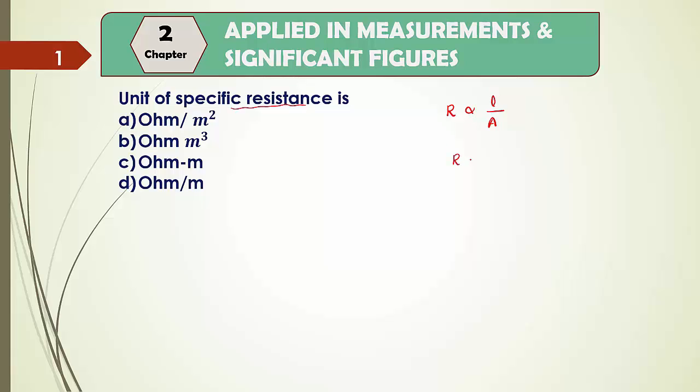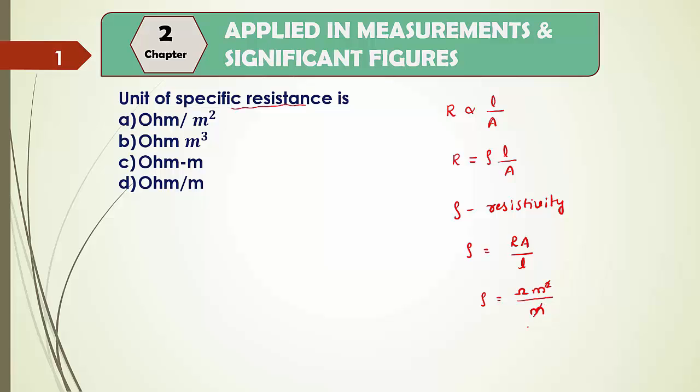So here we can write R equal to proportionality constant rho L divided by A. This rho is called resistivity, or we can also call it specific resistance. So the equation becomes rho equal to R A divided by L. The SI unit of resistance is ohm, the SI unit of area is meter square, and the SI unit of length is meter.